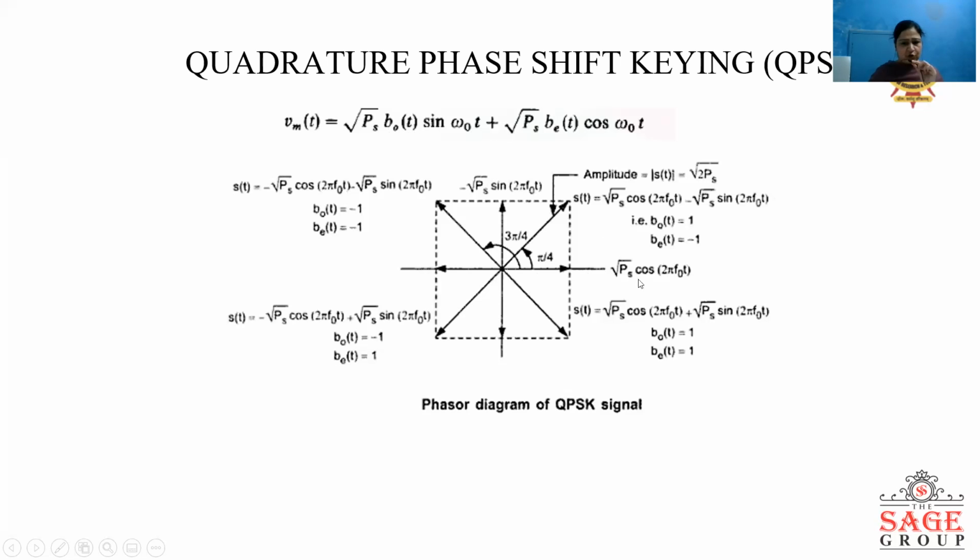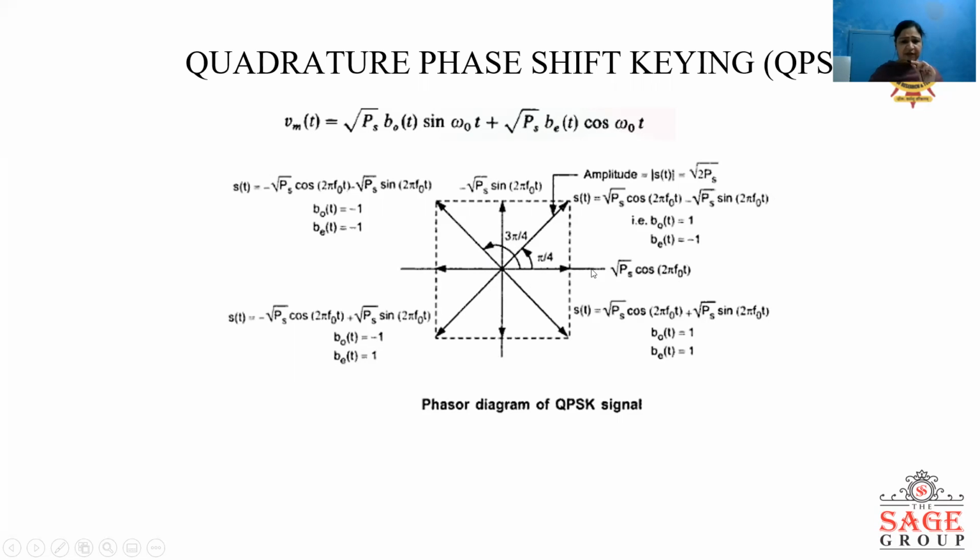So here we can assume the direction of cos omega naught t as the standard direction shown in this phasor diagram. Root PS sin omega naught t is given by the downward direction. So minus sin omega naught t will be given in the opposite direction.